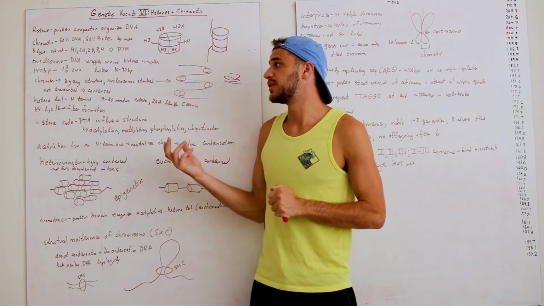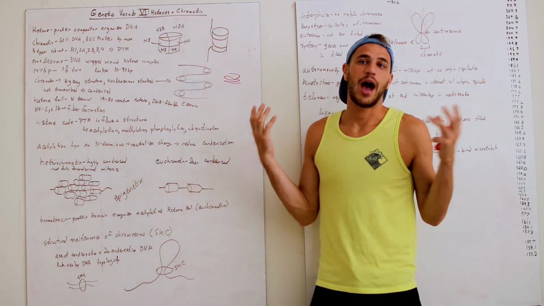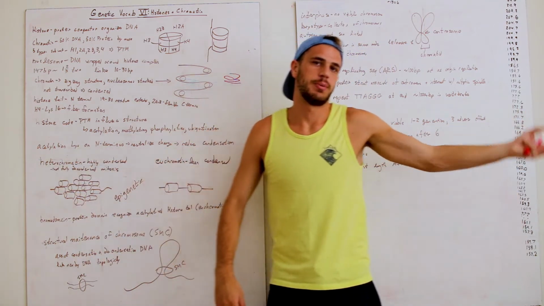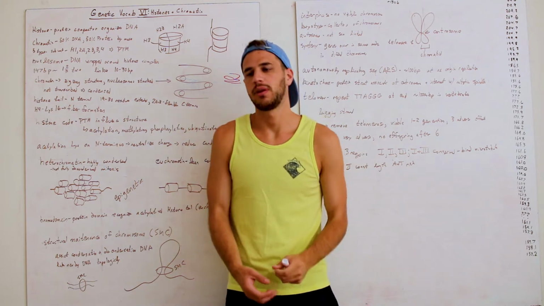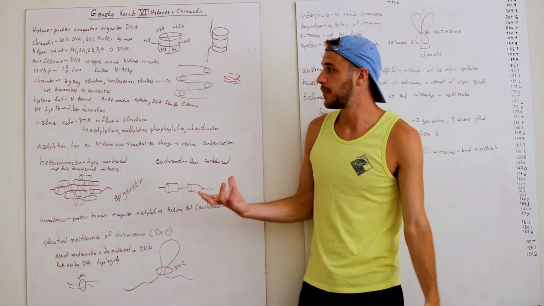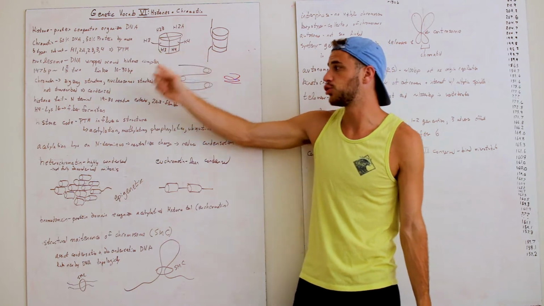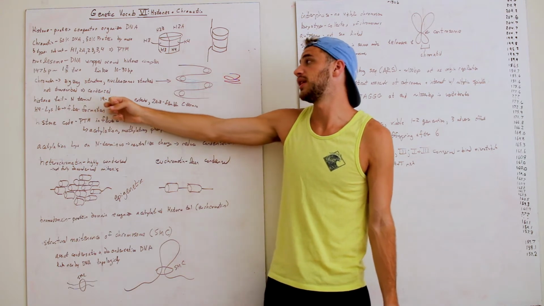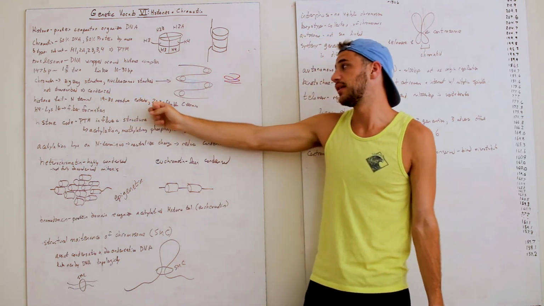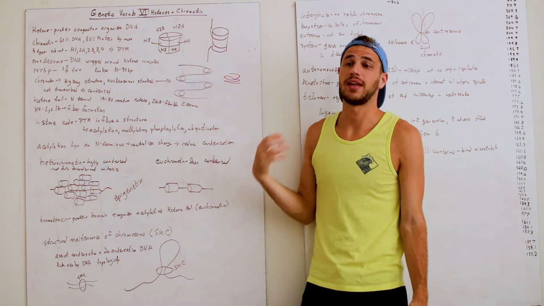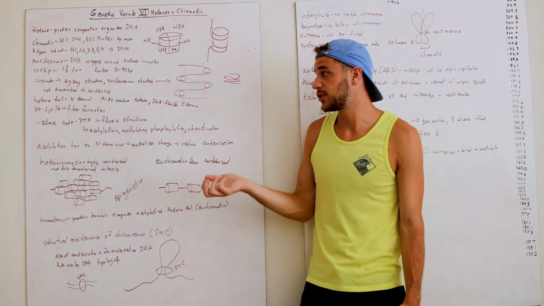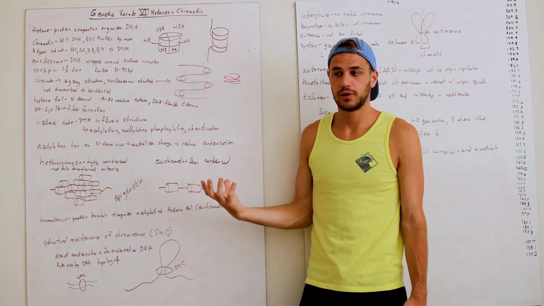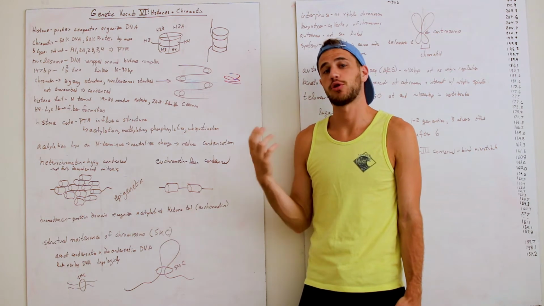So how do these condense like that versus just staying a little strand outside with a little bit of nucleosome here and there? What happens is that the N-terminal tail of these histones, usually the 19 to 30 residues that are extended, as well as H2A and H2B, which have flexible C-termini, have a very strong opportunity to be post-translationally modified.